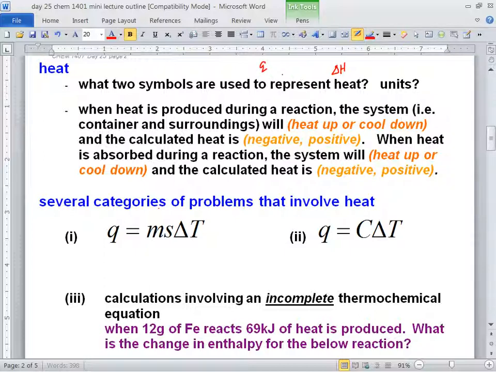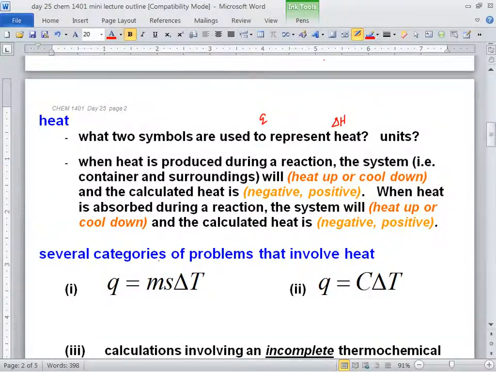The units. What units are there for these two symbols? What would be the units for heat? Joules. Okay. Joules, very common for both of them. But for enthalpy, very often you're going to see probably more common kilojoules, but it's still heat.